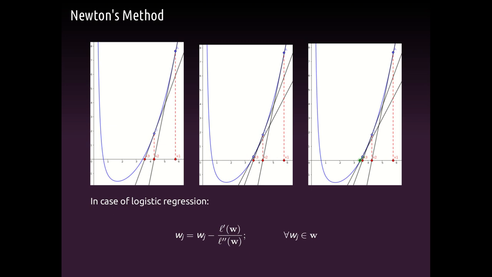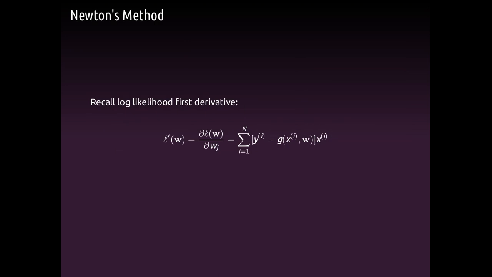So we have before calculated the first derivative of the log likelihood, and now we will try to calculate the second derivative of the log likelihood. So the first derivative took this formula, and we learned in the previous video that it is identical to the first derivative of the error function of the linear regression model.